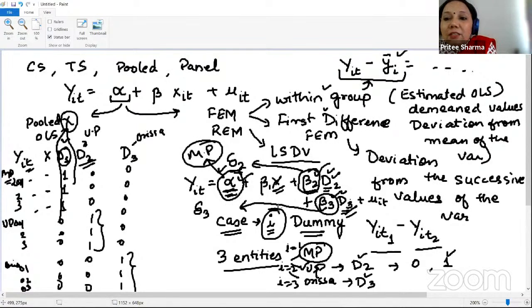Because then there will be a perfect linear relationship. What is going to happen to your degrees of freedom, and how will your matrix look? Your matrix will become such that it will be a complete loop. So when you do that analysis, it will be a loop.